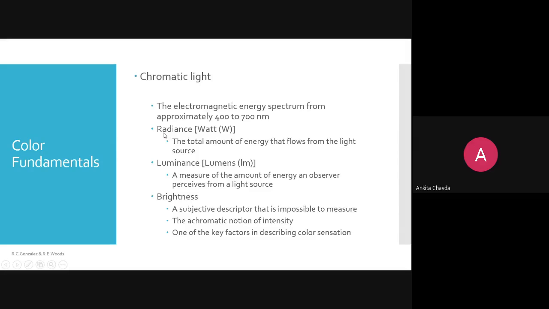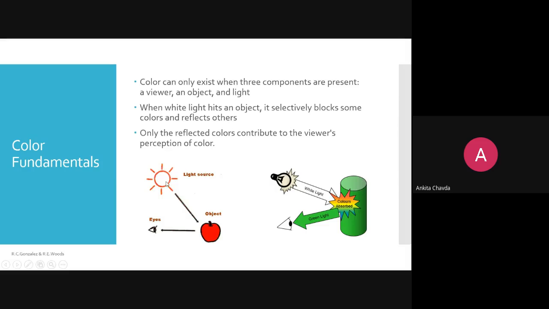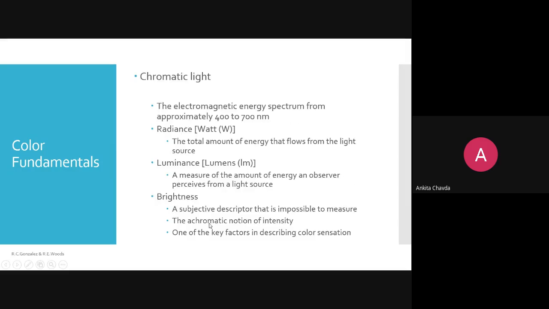But we can consider radiance and luminance in watts and lumens. What is radiance? The total amount of energy that flows from the light source. That is your illumination, from here to here, and it is measured in watts.